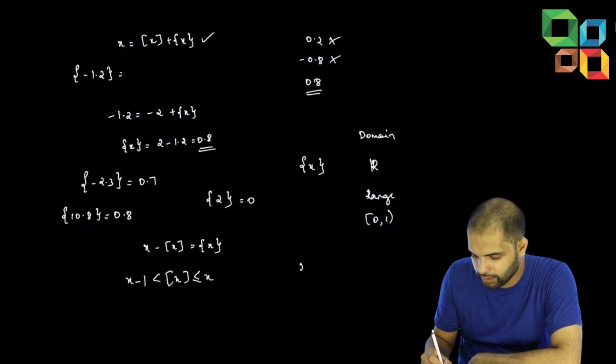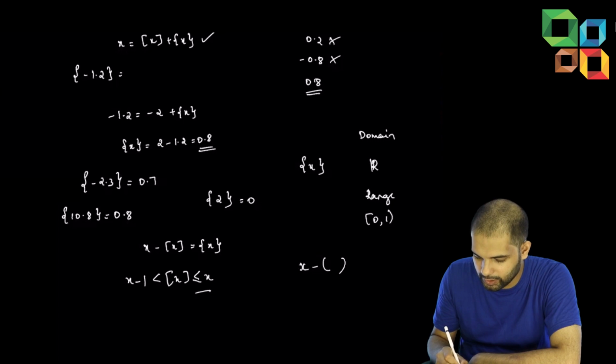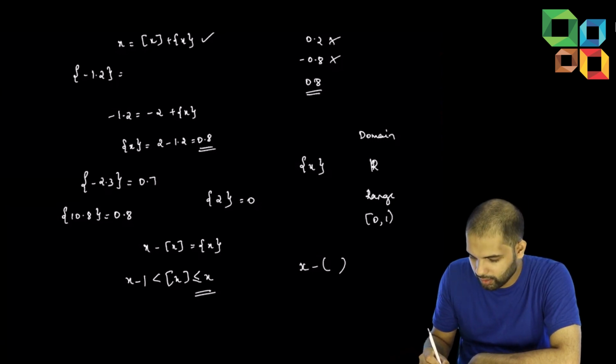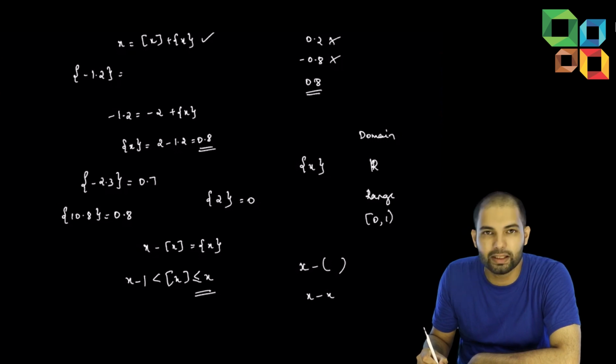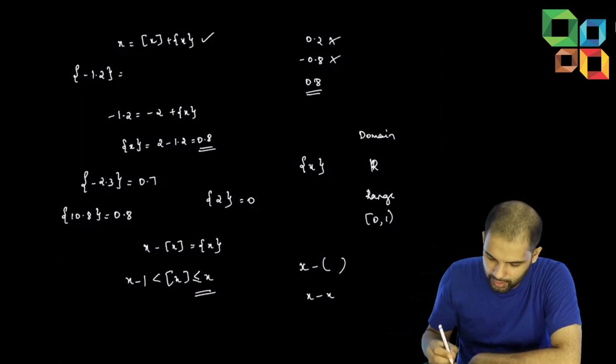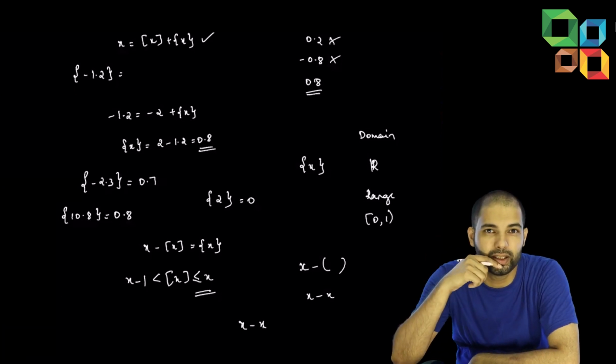See, this is x, correct? X minus, this is some variable. Some variable which is always less than or equal to x. Is it okay? So will the minimum value be x minus x? No, think about it like this. This is x. This is at most x. If it is less than x, I'll get some positive number. Do you agree?